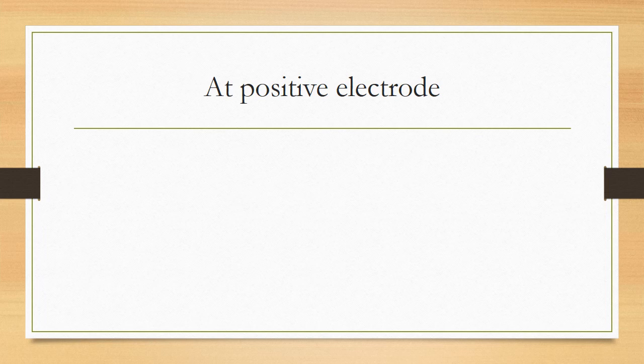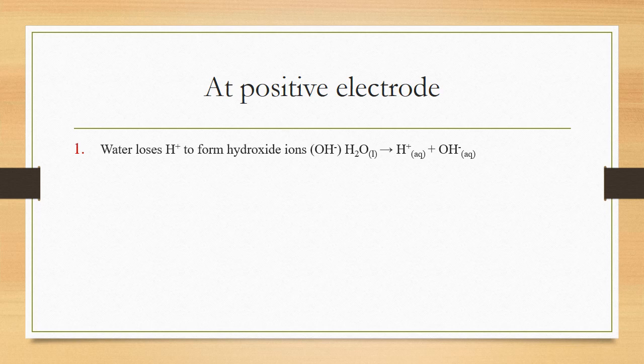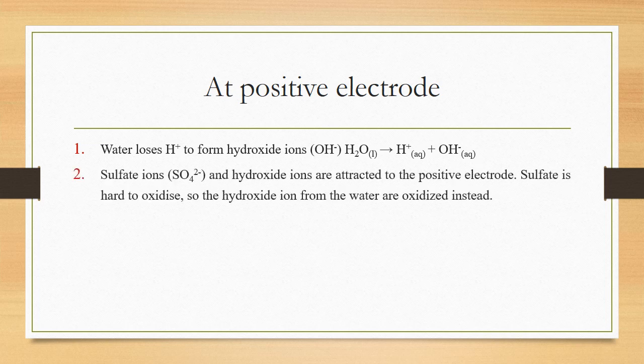Now at the positive electrode, you have again water losing protons to form hydroxide ions, because again the sulfate ions are too difficult to oxidize, so you get this splitting of the water to form protons and hydroxides, which I mentioned in the last example.